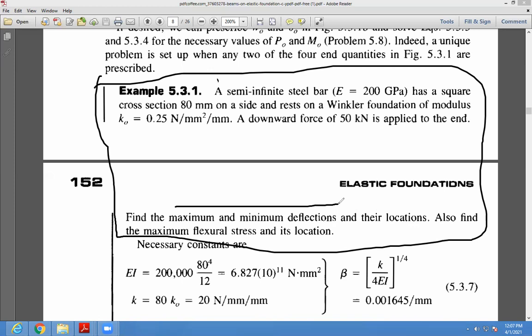Stress is nothing but M by I into y. Flexural stress for maximum moment, M by I into y, where y is nothing but c. Also find maximum flexural stress and its location.